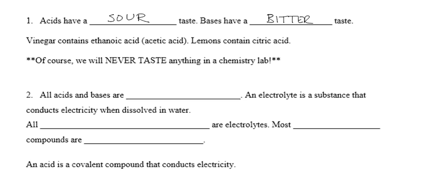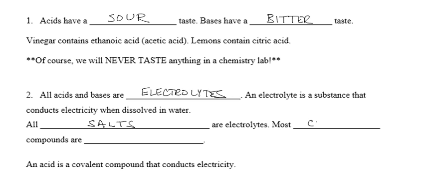All acids and bases are electrolytes. An electrolyte is a substance that conducts electricity when dissolved in water. All salts, metals and nonmetals, bonded together, are electrolytes.